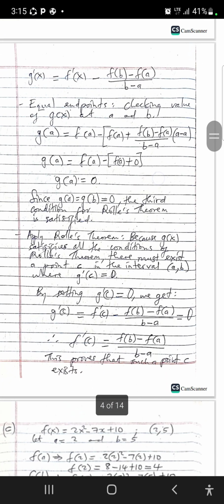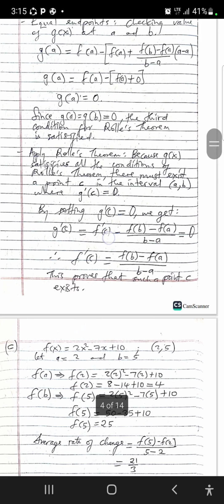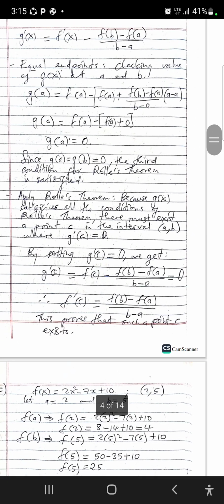That is what has been done here at this point. They have replaced a everywhere, and they have obtained that g of a is 0. So now we already know that g of a and g of b are equal. Therefore, the answer will be 0 for g of b as well.